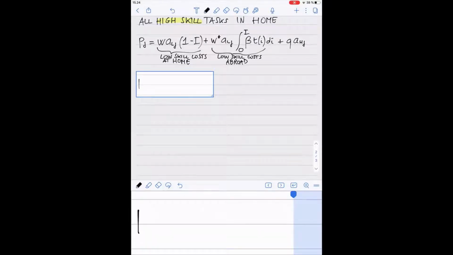What we want to do is write the zero profit condition as if it was just a function of two sort of additive components, low skill components and high skill components.